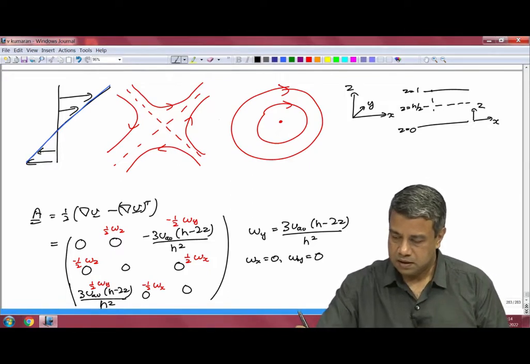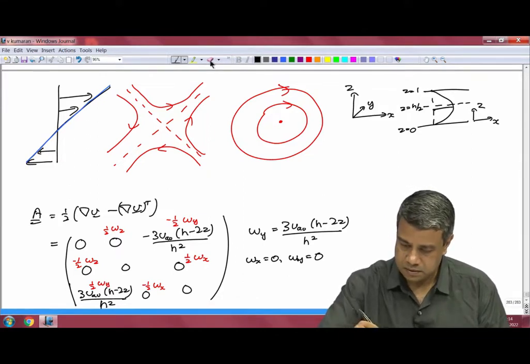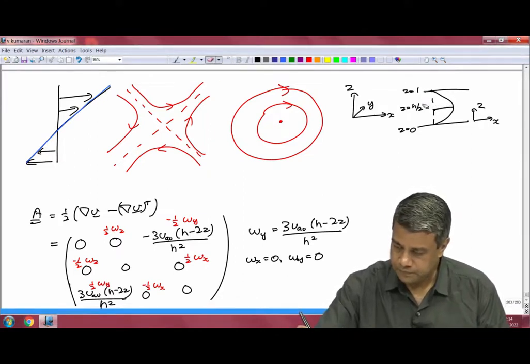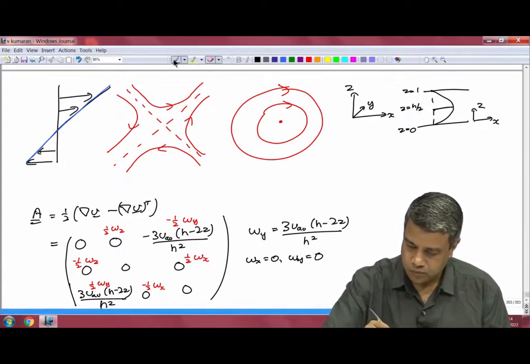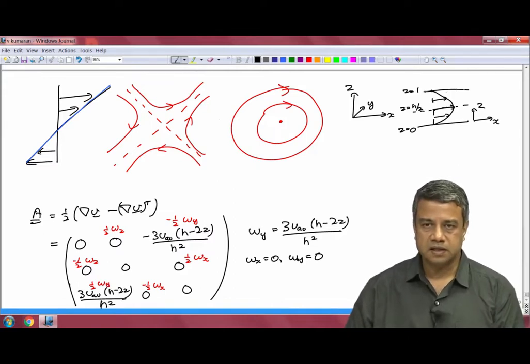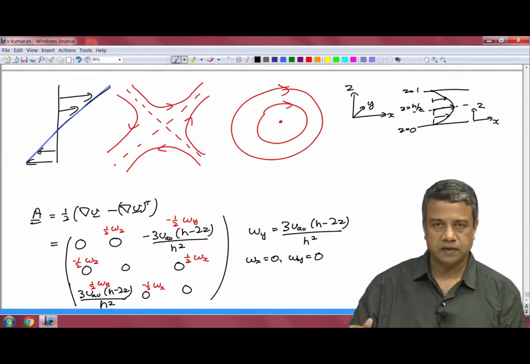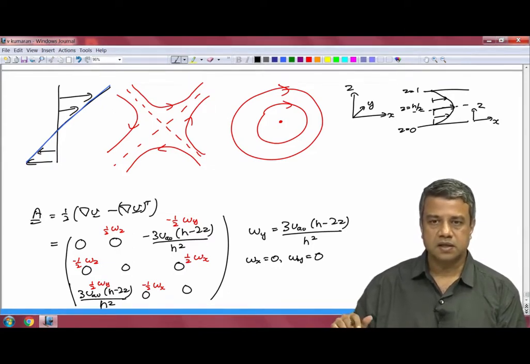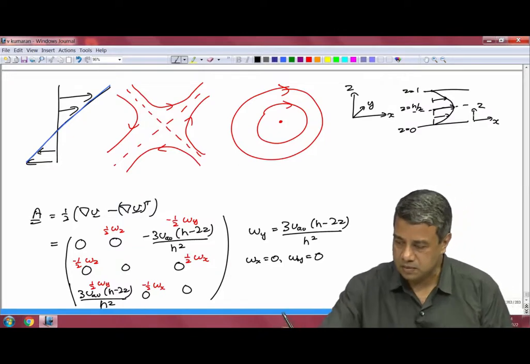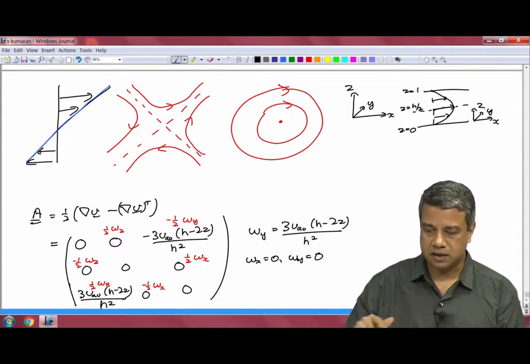If you are in the bottom half of the channel, the slope is positive, extension along the plus 45 degrees from the x axis, compression along the minus 45 degrees from the x axis, rotation is along the plus y direction into the plane, as shown in this figure.